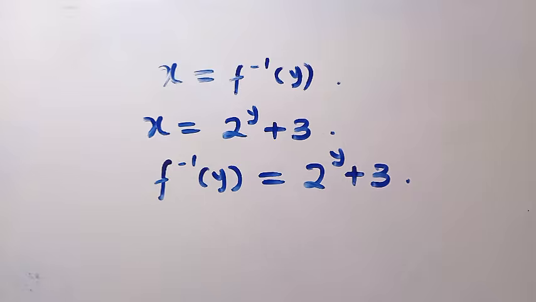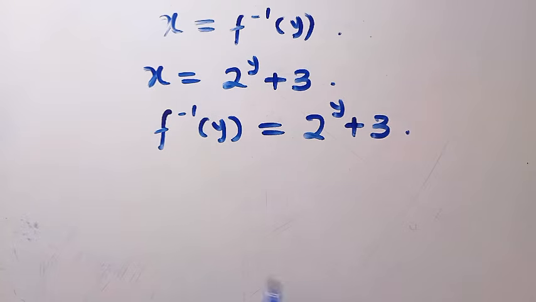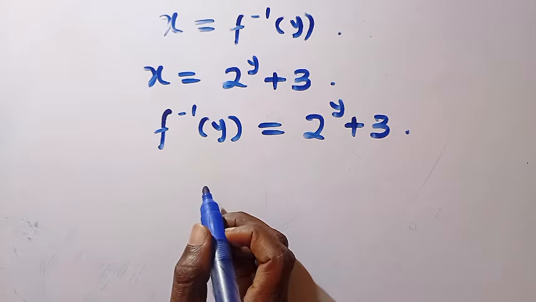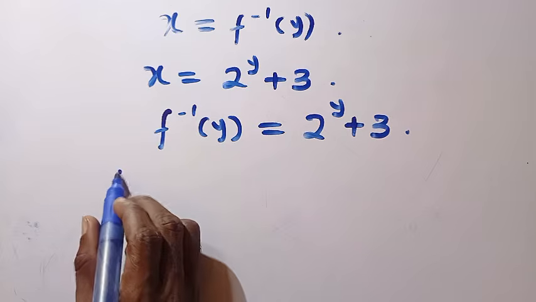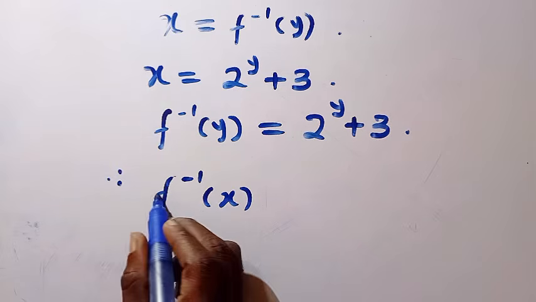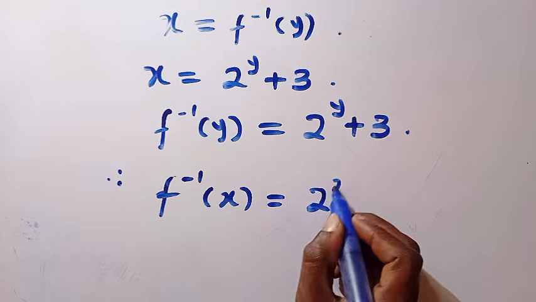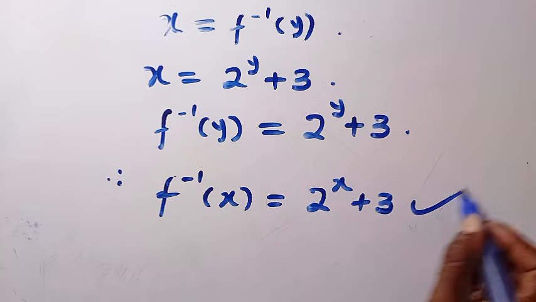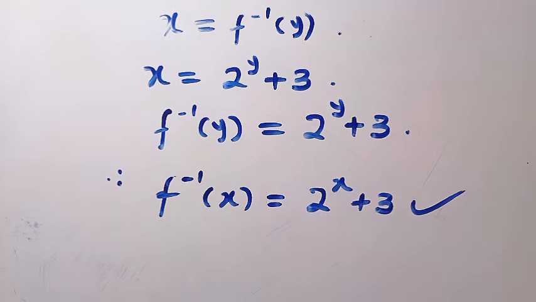And since we need x, we have to change this to x, as both x and y are members of the real numbers. Hence, we have f inverse of x equals 2 to the power of x plus 3. This is the solution, but let's try to verify it.